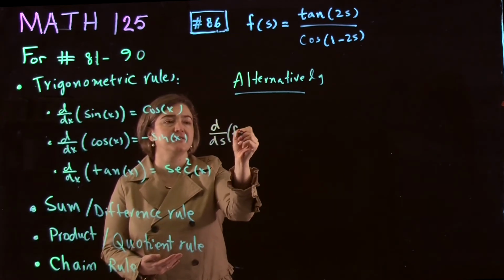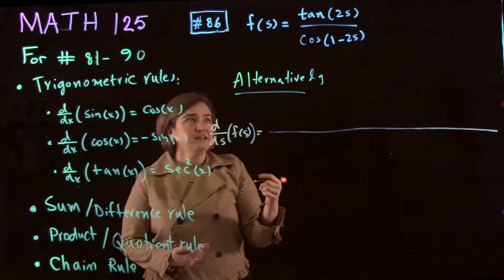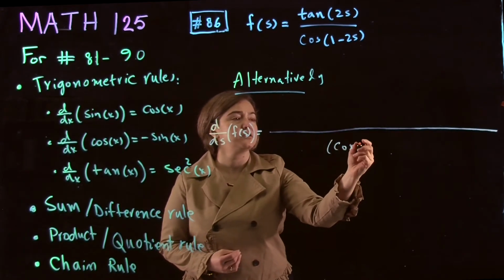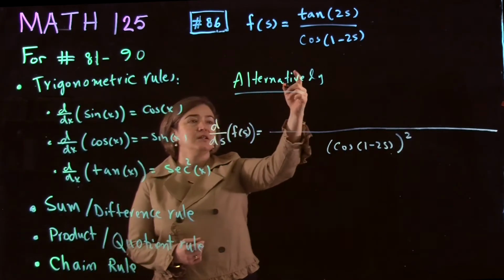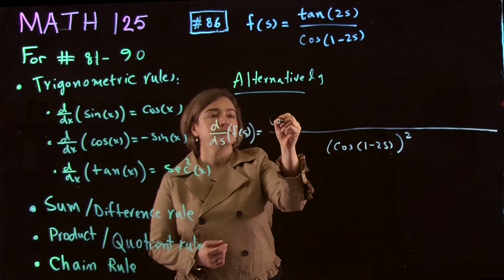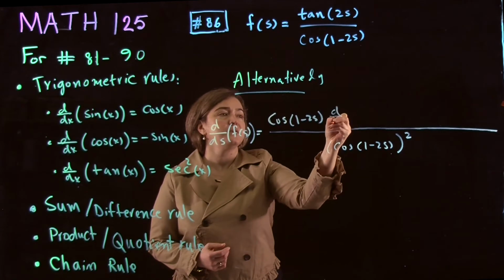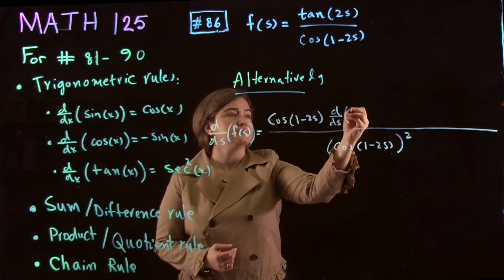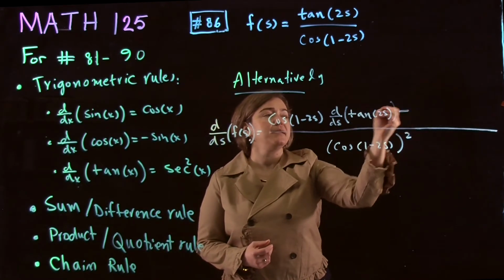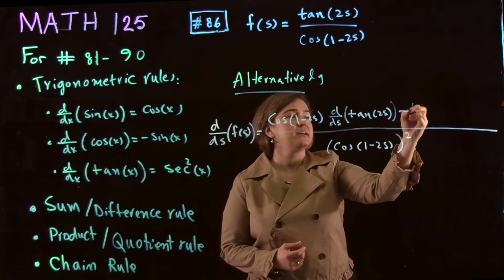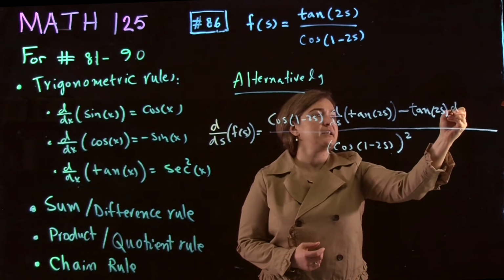Derivative with respect to s of f of s equal to big quotient line, denominator unchanged, to power 2, and then denominator times the derivative of the numerator, big minus sign, numerator times the derivative of the denominator.